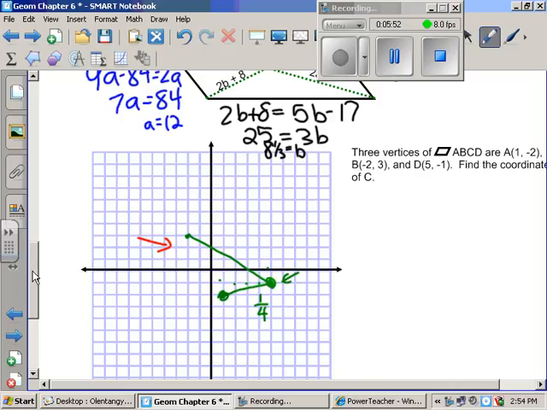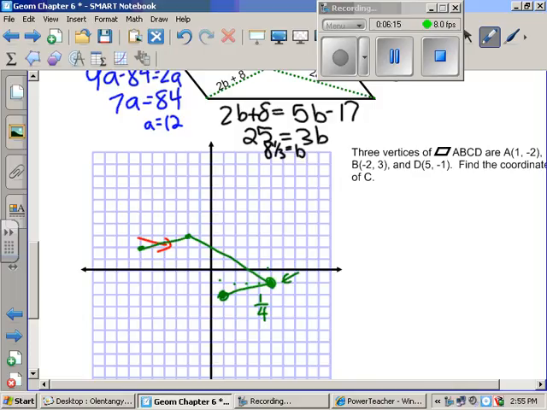Okay, so I know I can go up 1 over 4 here, but that's not going to take me away from my line. So instead I'm going to go down 1 and left 1, 2, 3, 4. Okay, down 1, 1, 2, 3, 4. Yep.